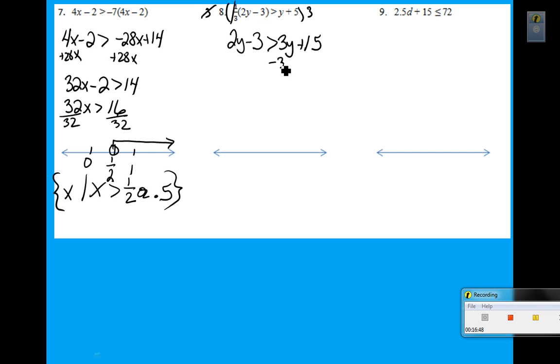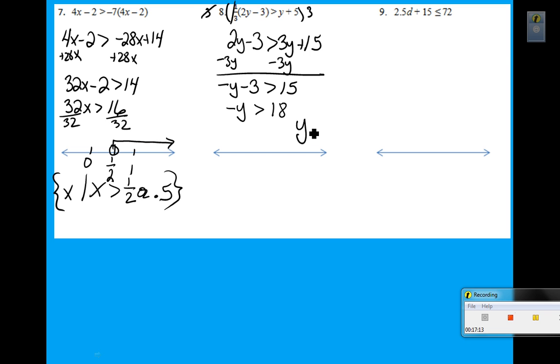Let's subtract 3y from both sides. So I've got negative y minus 3 is greater than 15. You could probably bring it home from here. Add 3 to both sides, so I got the opposite of y is greater than 18. Divide both sides by negative 1, which means I need to flip the sign.